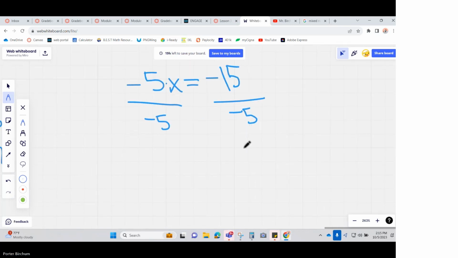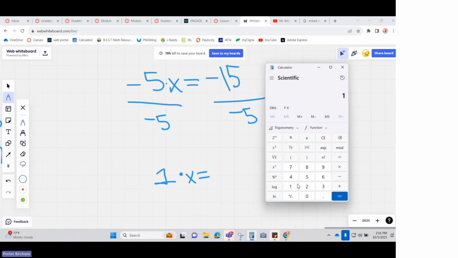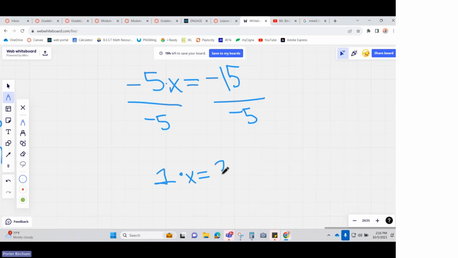Negative 5 divided by negative 5, that's positive 1, times x equals negative 15 divided by negative 5, positive 3.